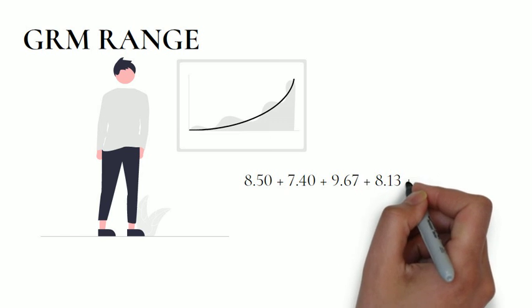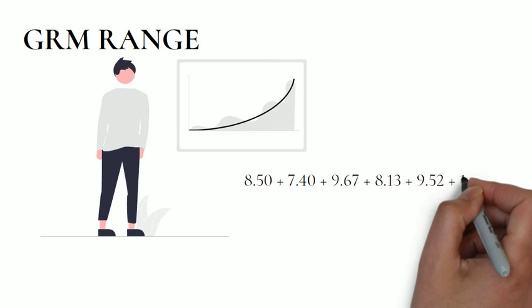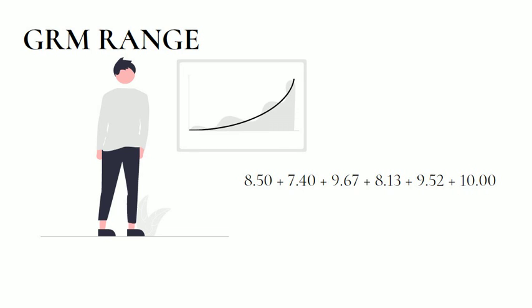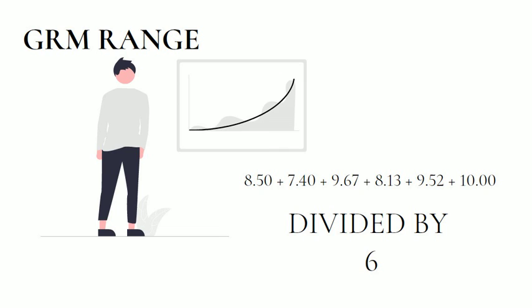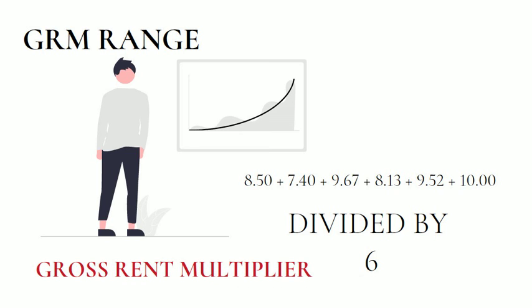You add that also to Stone Ranch apartment of 8.13, then 9.52 of Richdale apartment. You add that with that of Willow apartment, which is 10. The 6 values you add all together and divide by 6, which is your average, and that's going to be the gross rent multiplier for that area.